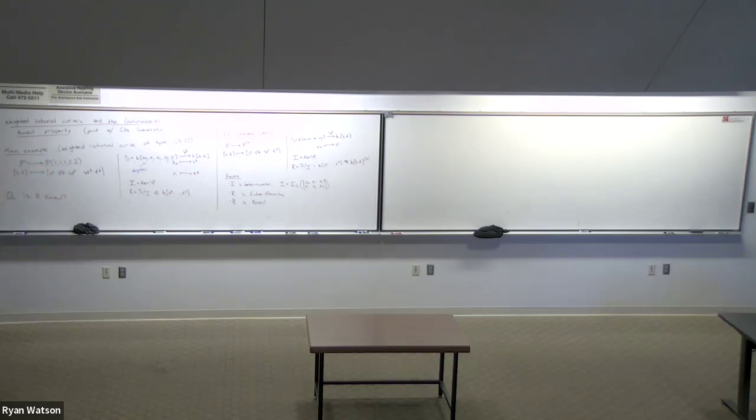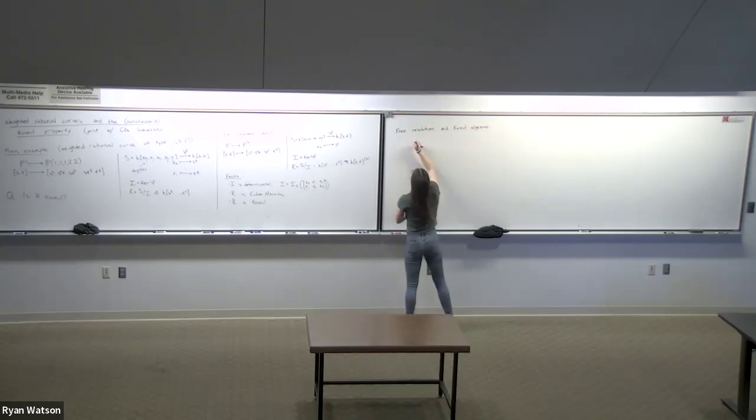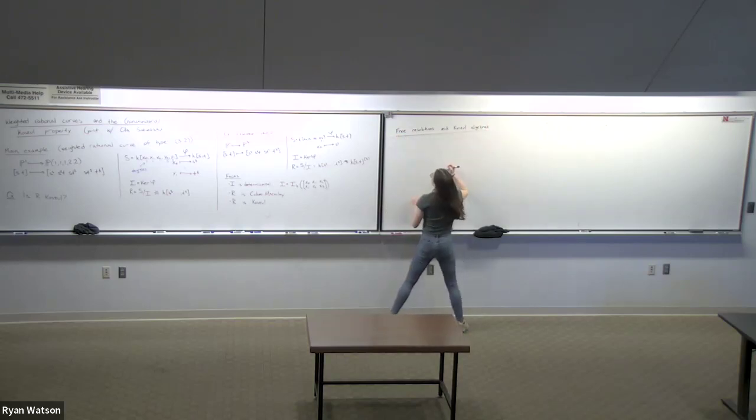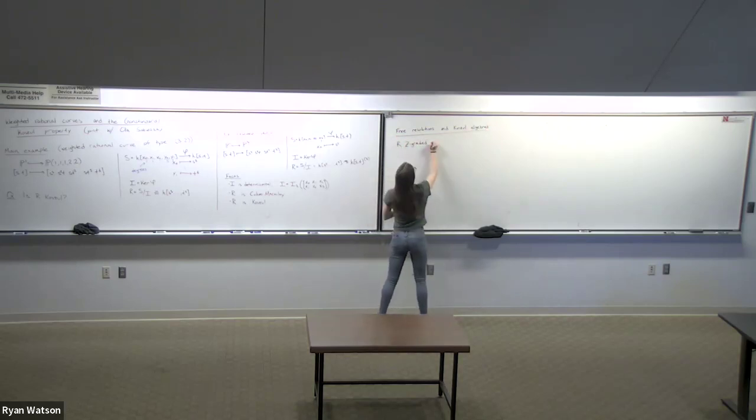Okay. I want to say a little bit about free resolutions and Koszul algebras in general, including in the standard graded setting, just to make sure that we all are on the same page. So for the moment, I'll want R to be some Z-graded K algebra.